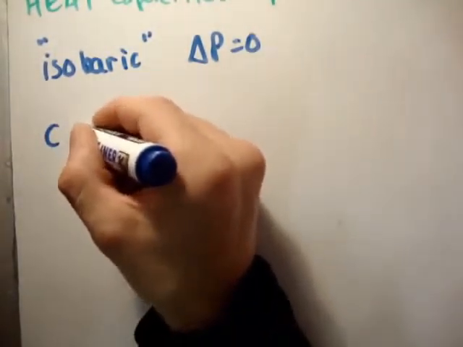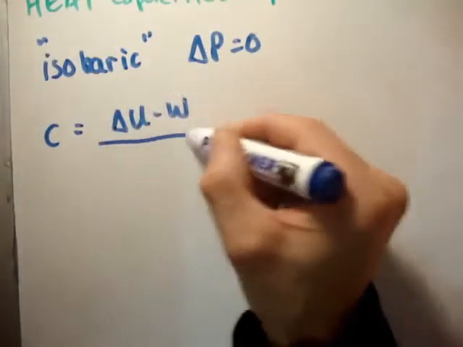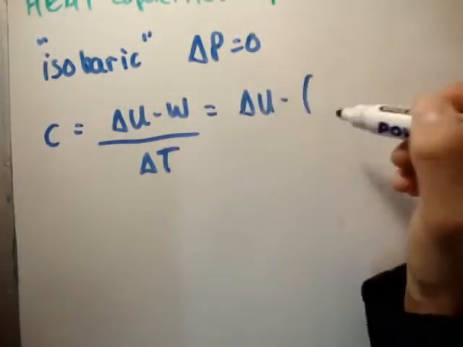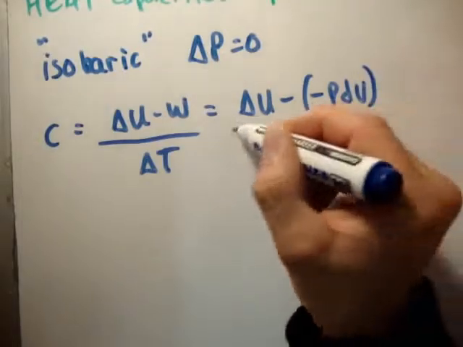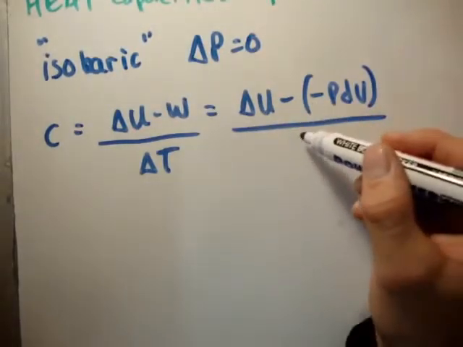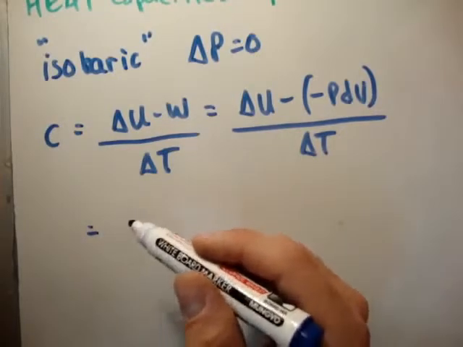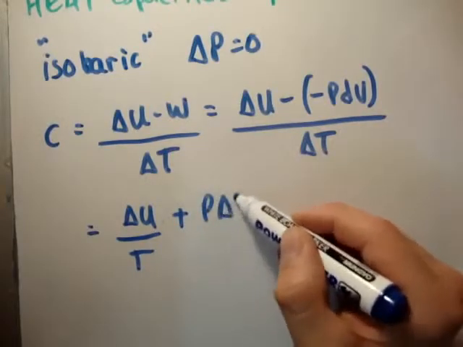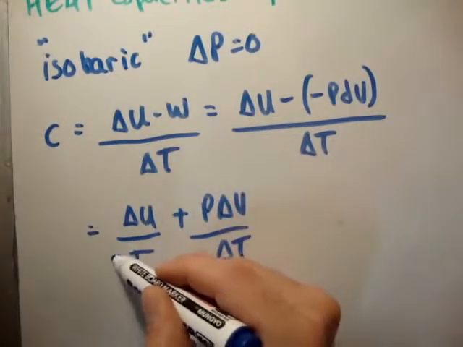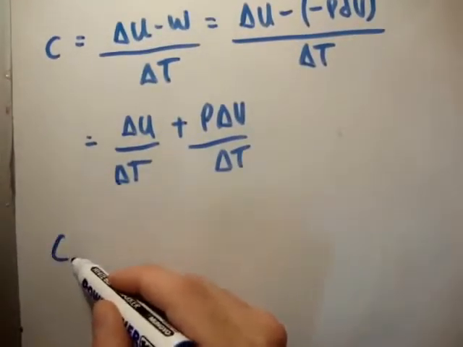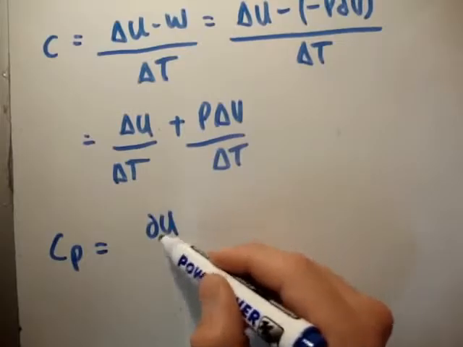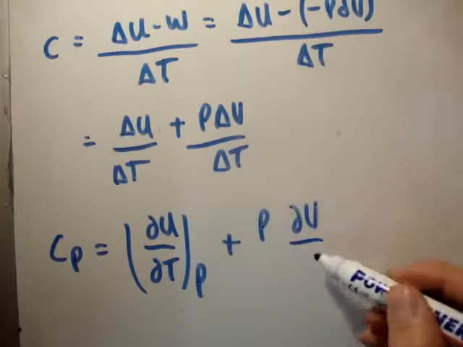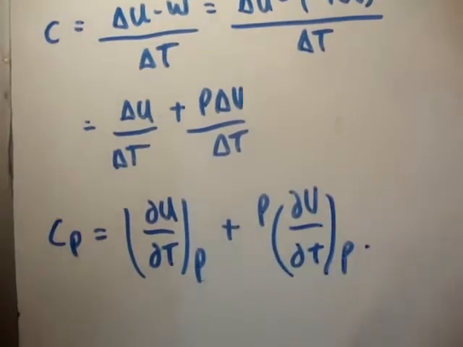So we know that C is equal to delta U minus W over delta T. But at constant pressure, it's going to be delta U minus P dV over delta T, which is equal to delta U over delta T plus P delta V over delta T. So we can say that the heat capacity at constant pressure is equal to del U del T at constant pressure, plus P times del V del T at constant pressure.